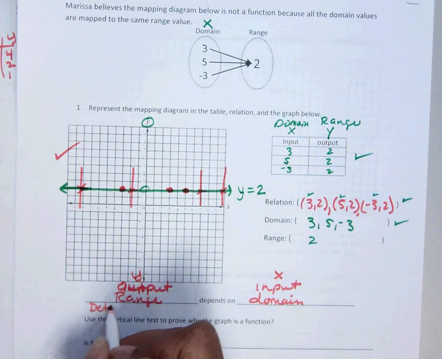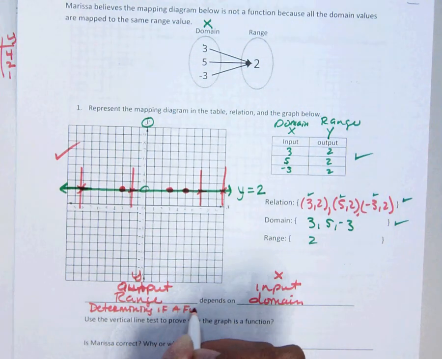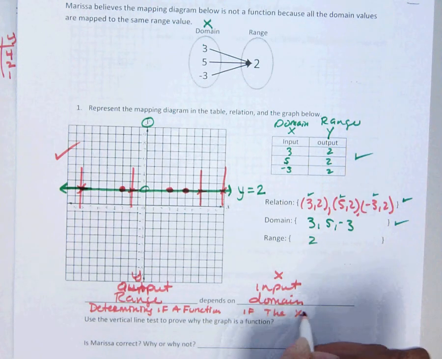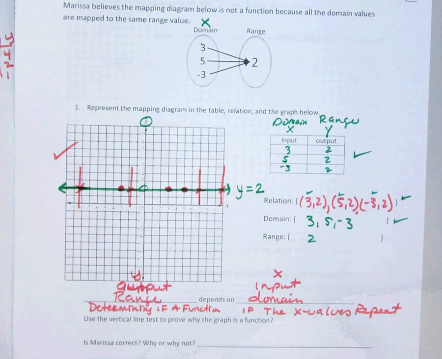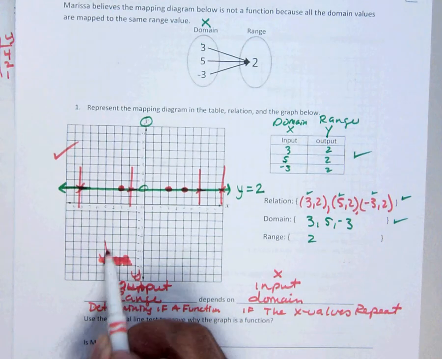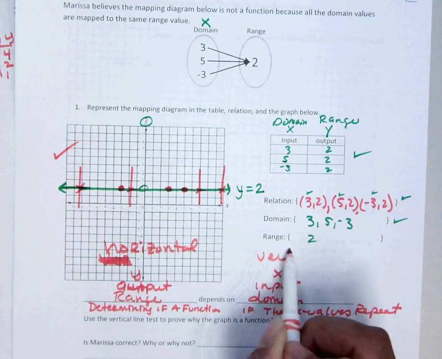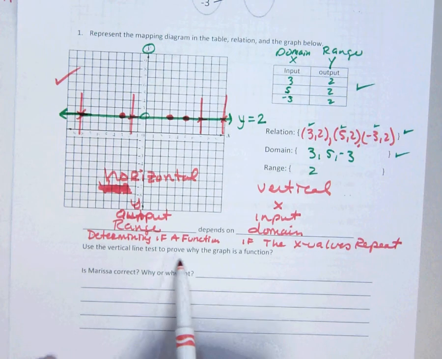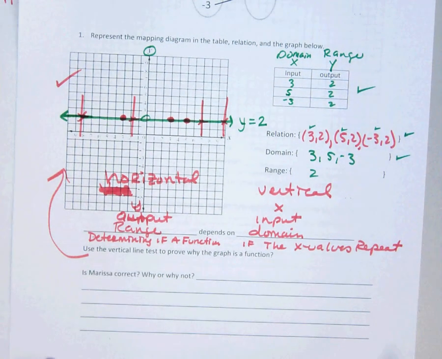Determining if it is a function depends on if the x values repeat. And so all of those could have been answers. You could have put the horizontal lines depend on the vertical lines. Use the vertical line to prove why the graph is a function. Done. It only hits the graph once.